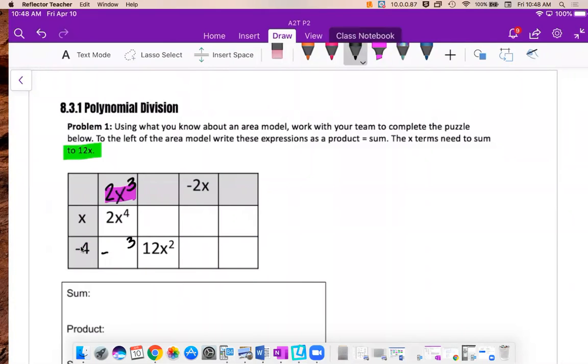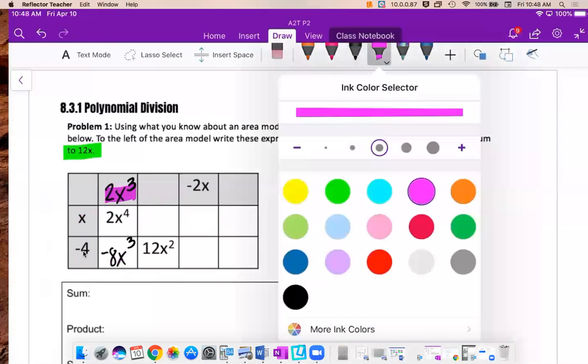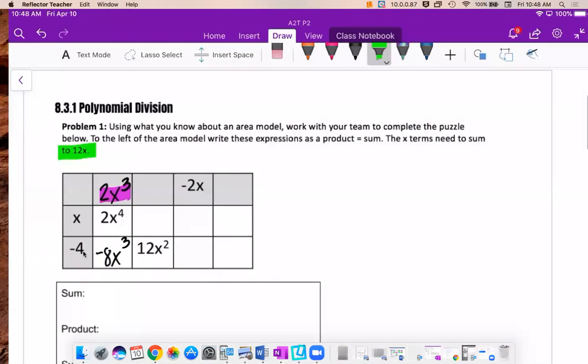Okay, we'll just leave it. Okay, so now what else can we figure out in this puzzle? So we know that this is -4. This box is 12x squared, and I think we can figure out what the box is up here. So basically we're looking for what multiplies with -4 to give 12x squared.